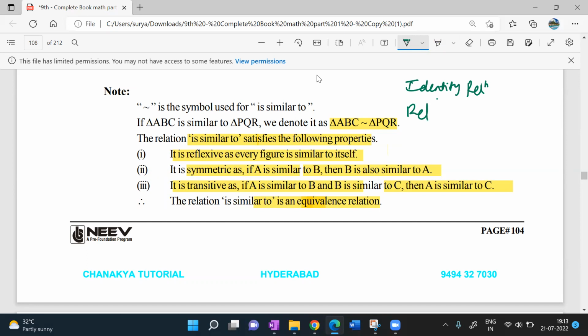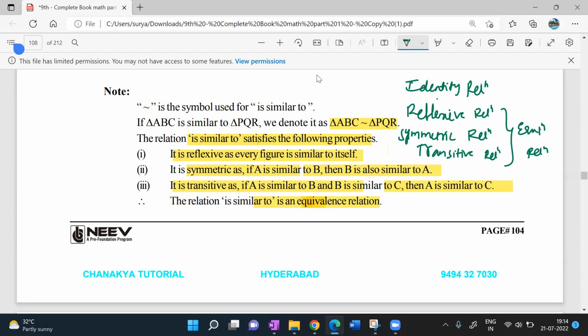After that, reflexive relation, then symmetric relation, and next transitive relation. If a relation is reflexive, symmetric, and transitive, that would be called an equivalence relation. That is what he is talking about here.